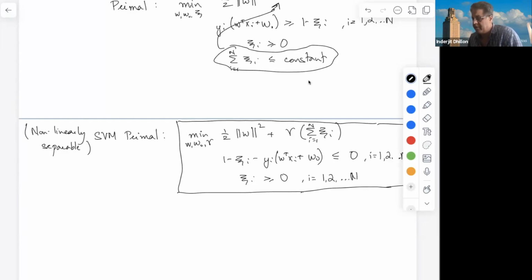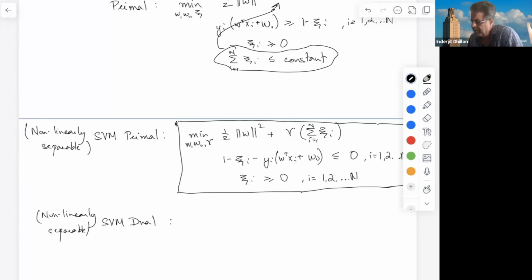Okay, and the corresponding dual, again for non-linearly separable, the corresponding dual is you basically chug through the same machinery that I did before, right?